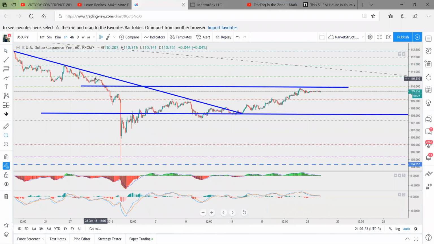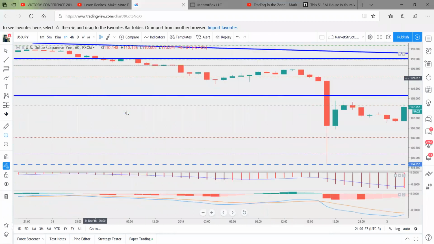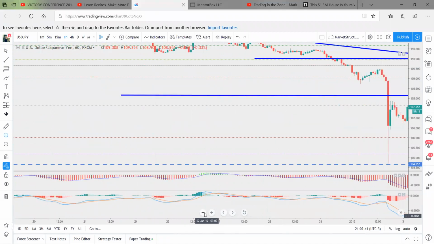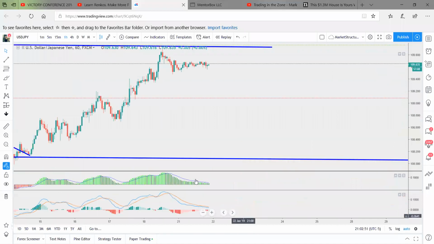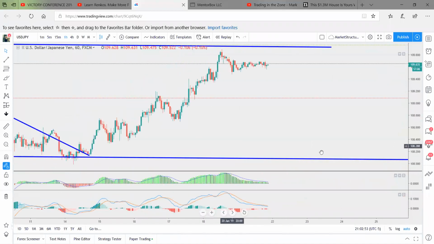And I've noticed that TradingView's been glitching a lot lately. There we go. So I've noticed when you zoom now, you cannot do what I want to do. So we're just going to have to go look at it.